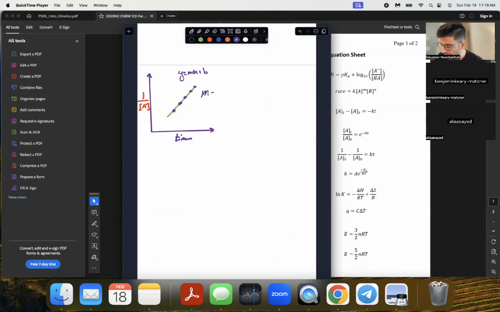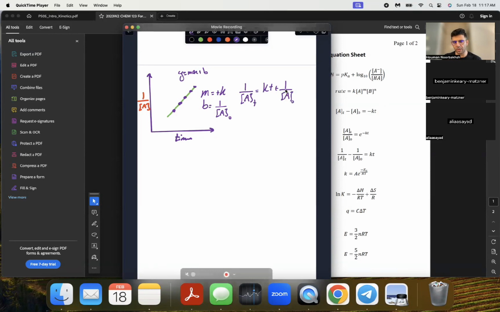So my m is actually plus k, and my b, this is 1 over A, so b would be 1 over A naught. So it would be 1 over A_t is equal to kt plus 1 over A naught. In your formula sheet, all they do is bring it to the other side. It's the same thing.